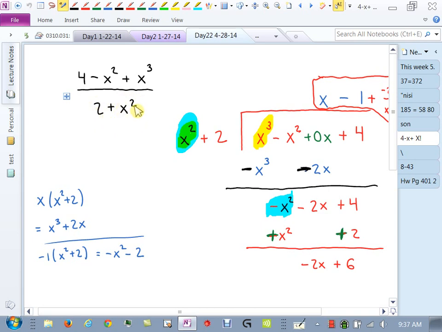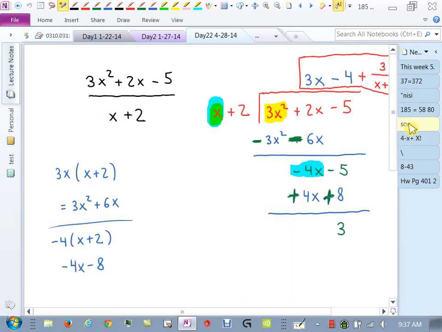Because the highest power of x is 2. Just keep that in mind. Let's go to a different problem. Here, look at this one. We had a trinomial divided by a binomial. What's the degree of the bottom here? What's the highest power of x? A 1, right? So you're dividing by a binomial that has degree 1.